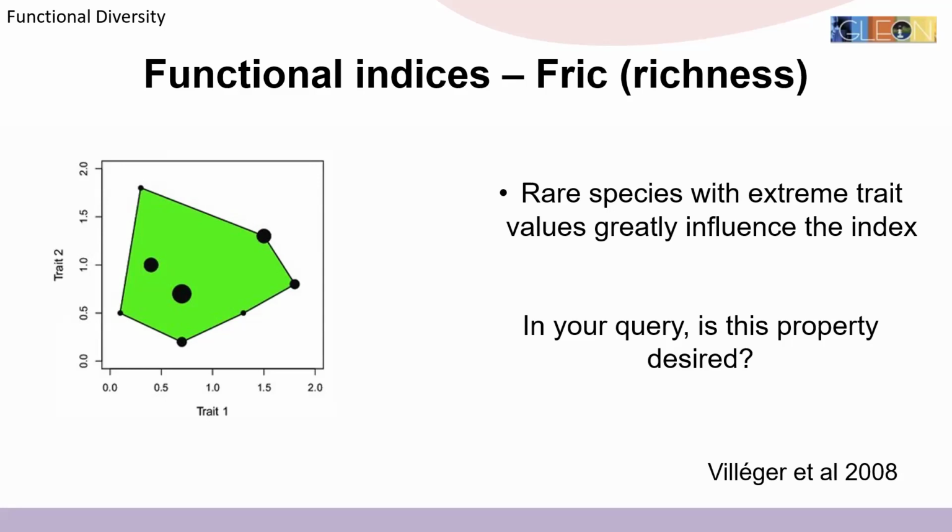You need to think if this is a property that you desire in your question, in what you are investigating, because sometimes it may not be important for your question, and then you maybe should remove these rare species. It depends on what you are investigating.